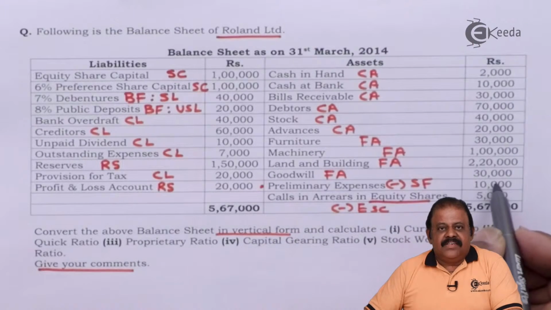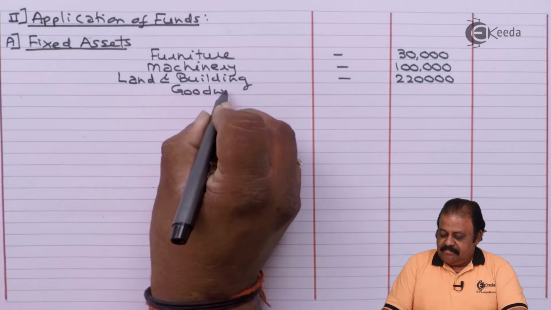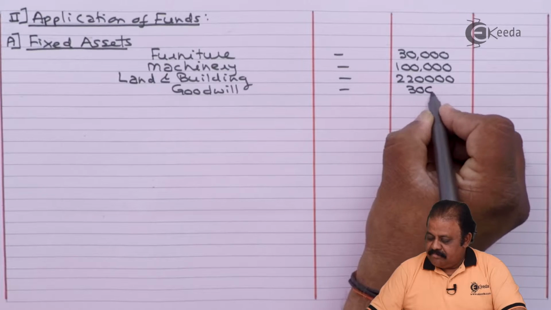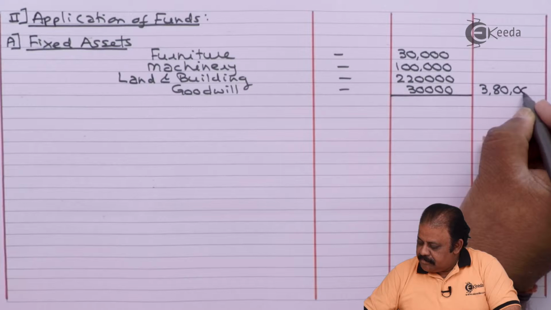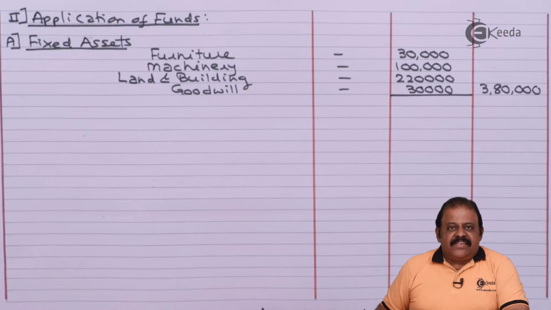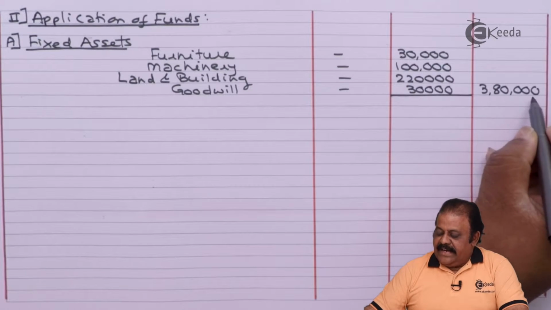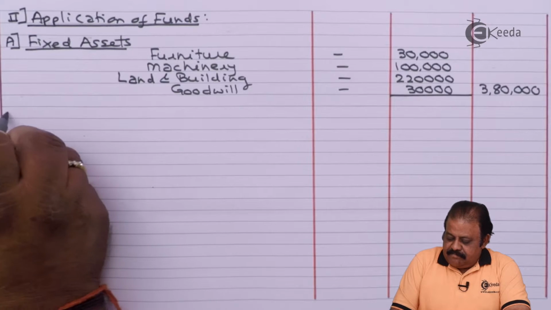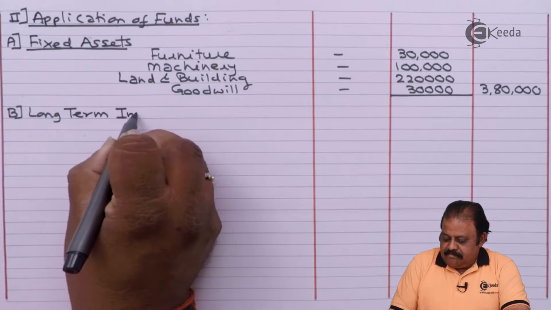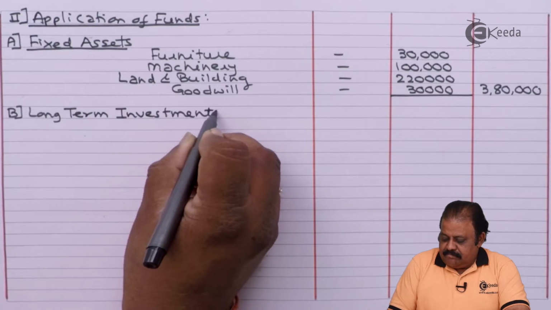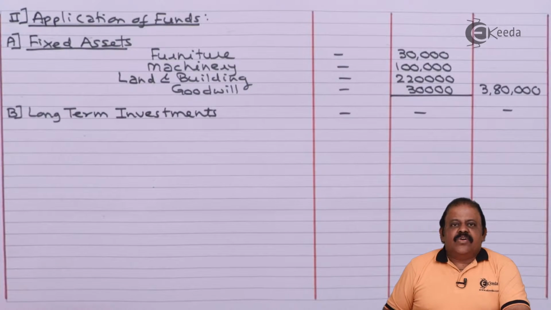Goodwill 30,000. Total fixed assets 3,80,000. Next, long-term investments. In this question, there are no long-term investments.